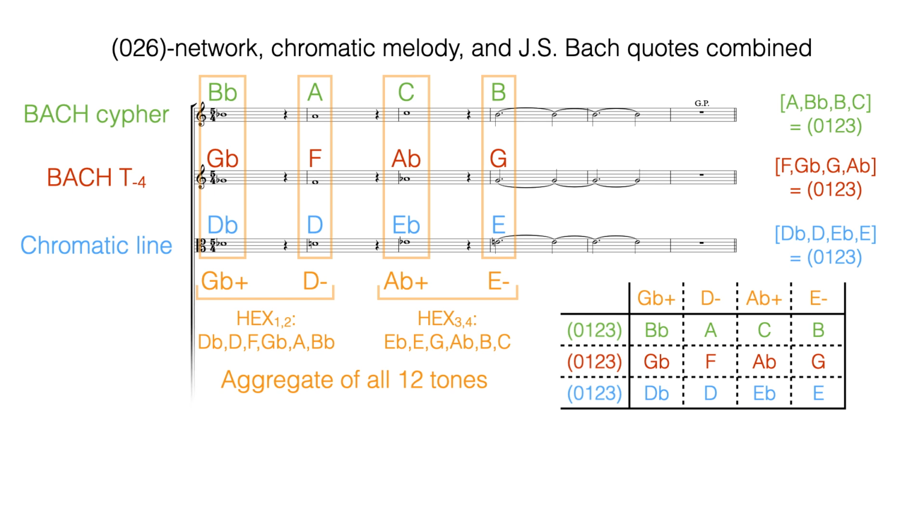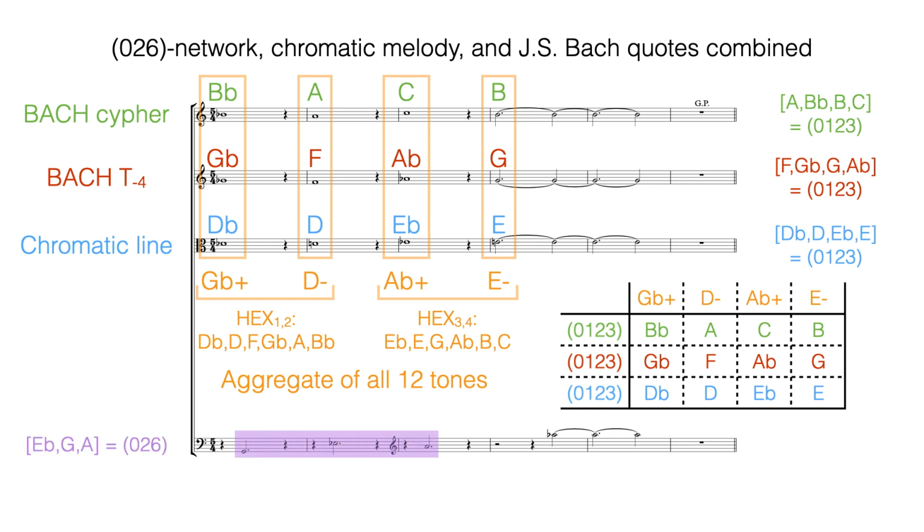And what of the cello part, slightly misaligned beneath the homorhythmic upper parts? It refers directly back to the 026 strand with which the work began: E flat, G, A. The first three notes of the piece.